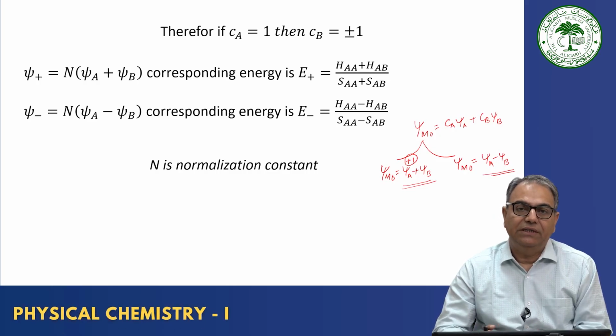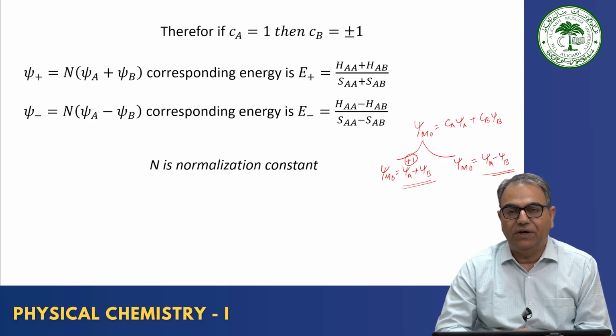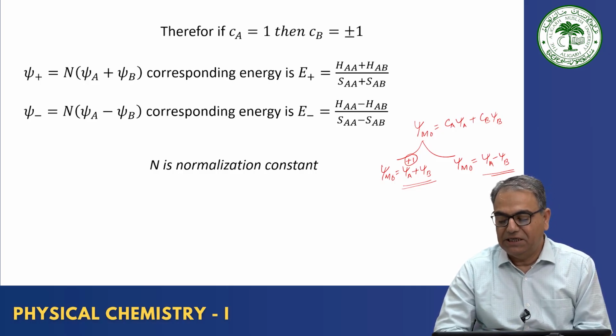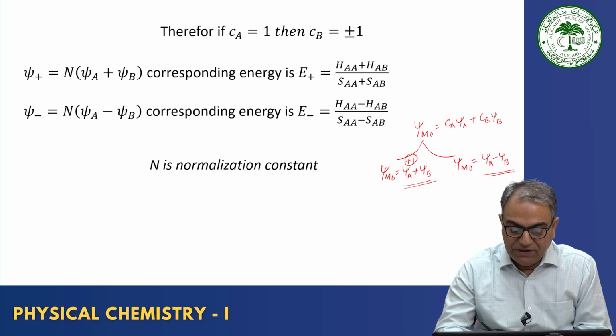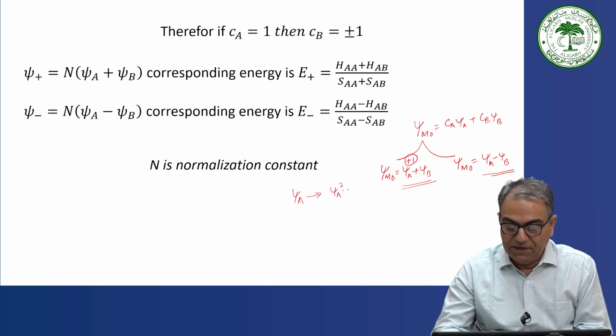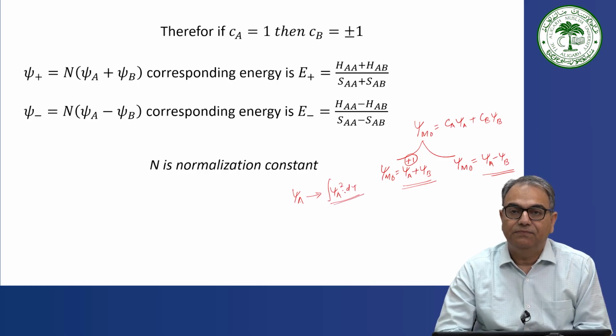We have not yet normalized the function, we will normalize it. But just look at these two functions, psi A plus psi B and psi A minus psi B. If you have the hydrogen atom wave function psi A, and if you square this psi A square and multiply it by a volume element and then integrate it, what do you get? What you get is probability.